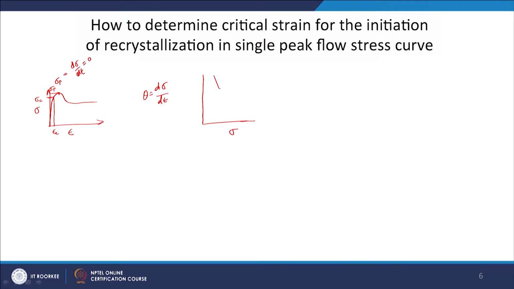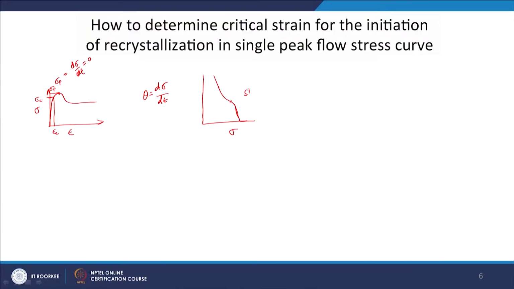The flow curve should be something like this. And you can see that there is some inflection point somewhere here, where the slope is changing from one type of slope to another type of slope. At that point my slope should be 0 because it is changing the direction from one side to another side. It is going like this and then it is changing the direction.